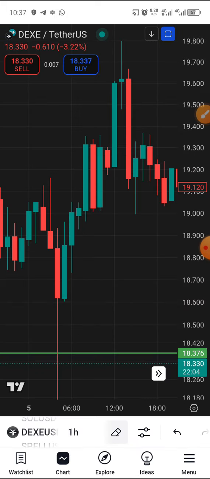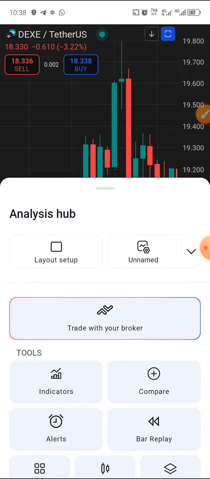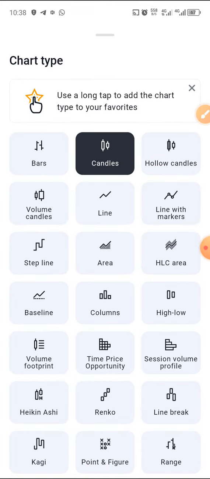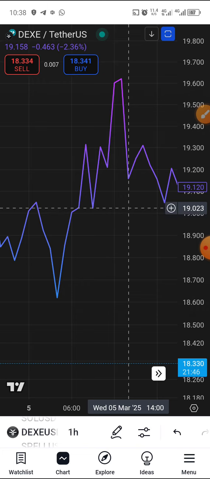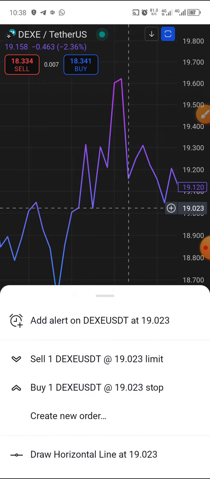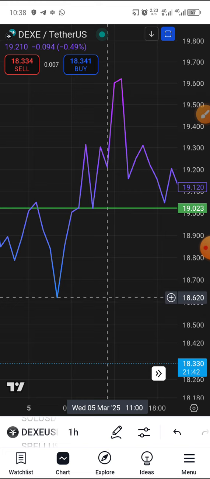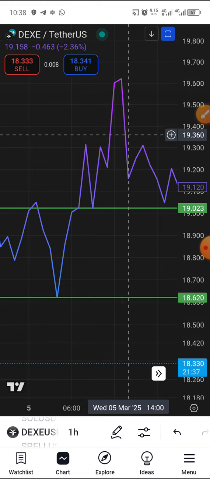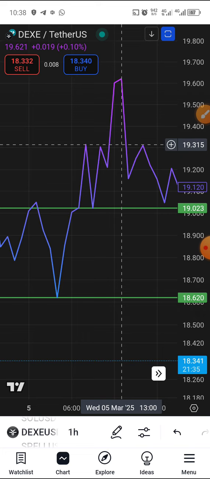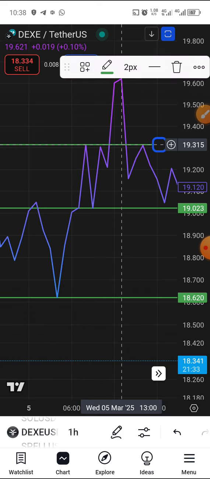Now many of you are saying, why are these lines not corresponding perfectly? So we change to line, then where you see a normal V, you draw there a line. Where you see the inverted V, you draw there a line.